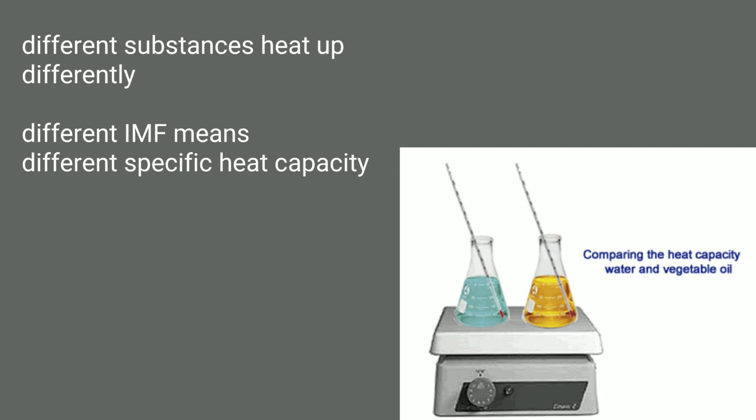Another important factor that influences how quickly something heats or cools is the intermolecular forces that are found in the substance. This important physical property can be seen in your kitchen.